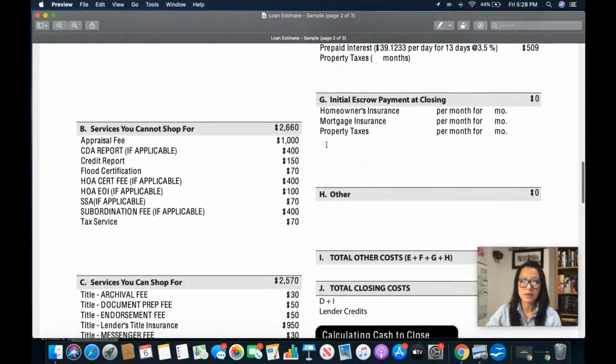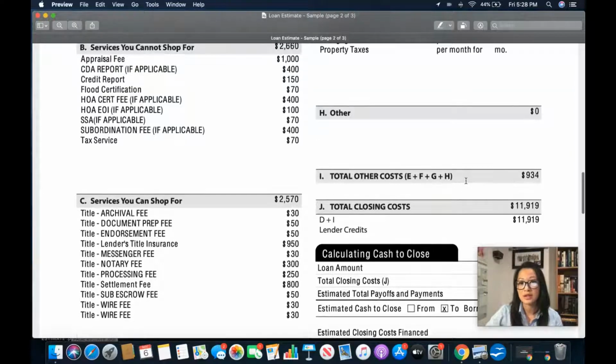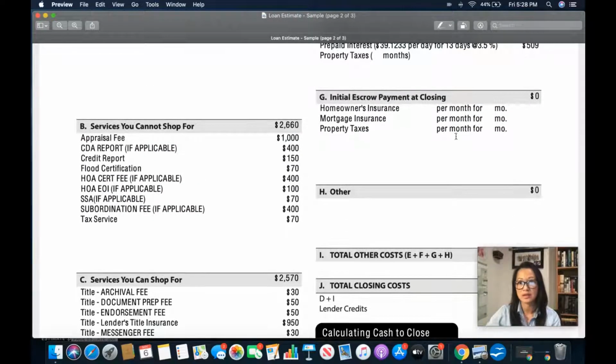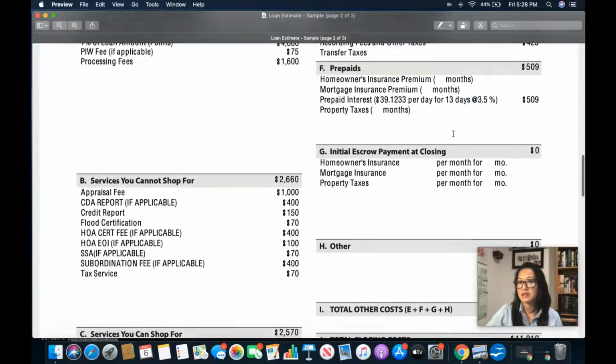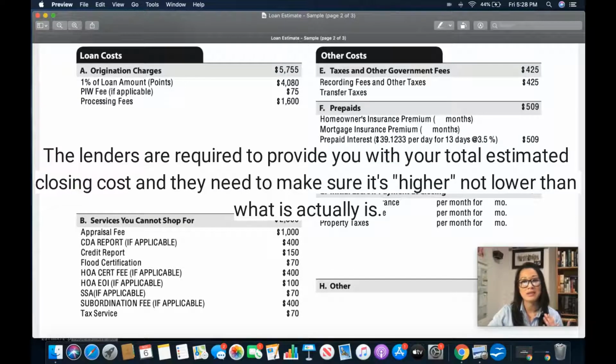Now, the rest of it, why is it showing 11,919? The rest of it shouldn't be used to compare lender A or lender B, because Section B, Section C, all the way to Section G are fees that are sometimes fixed already, and it's not up to the lender to decide.